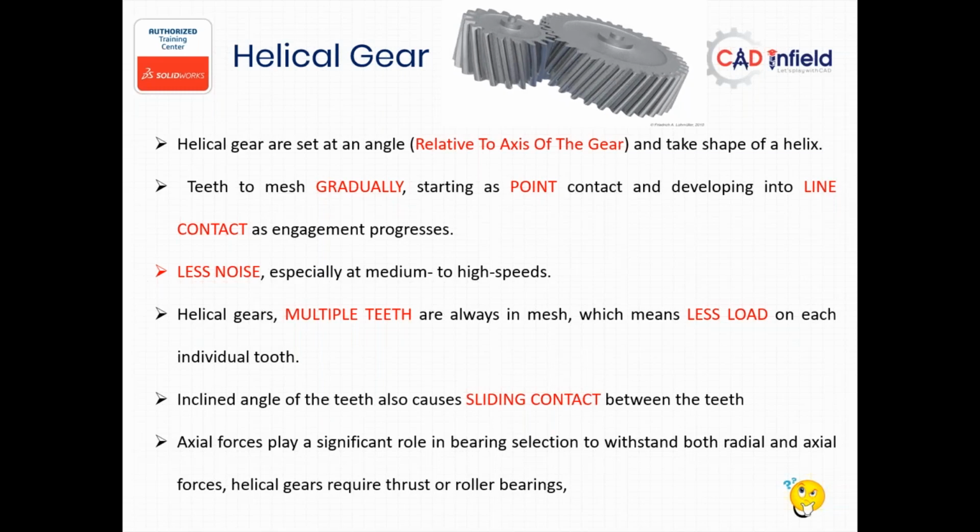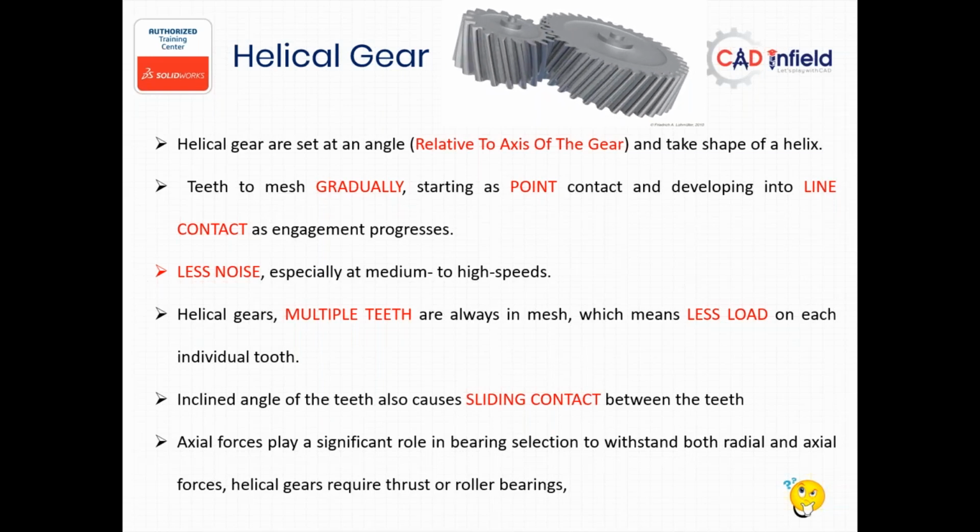So it causes an axial force also, along with the radial force, and we know that whenever we have an axial force, we need to design a bearing. We need to design a plumber block which supports the shaft, to ensure that whatever the axial force is, it gets absorbed by the bearing.